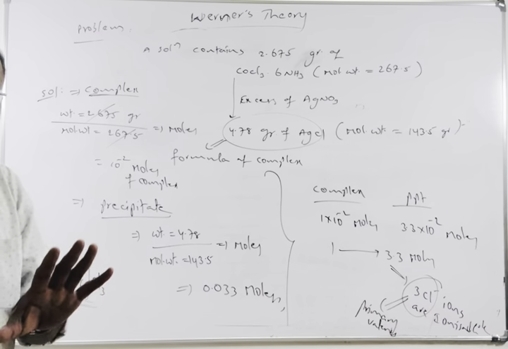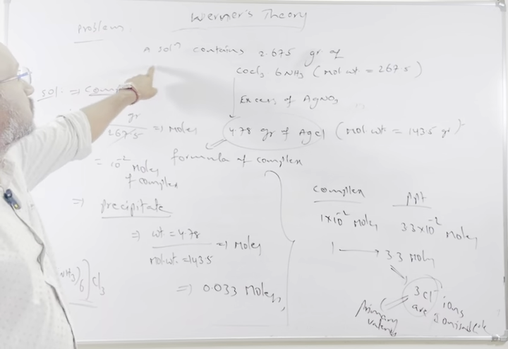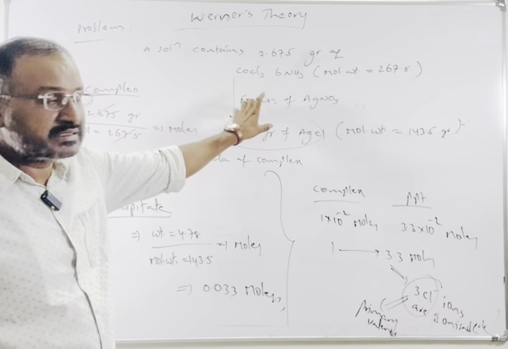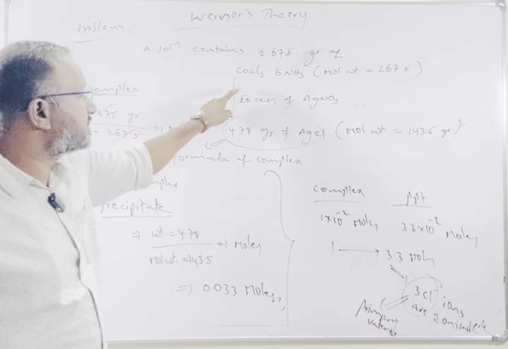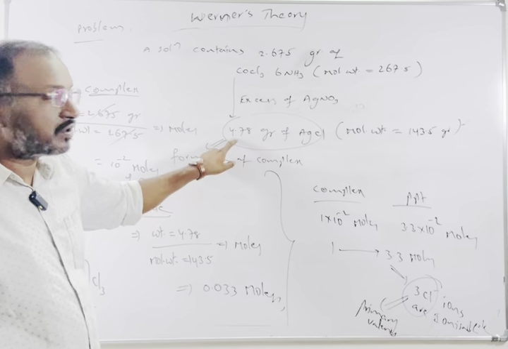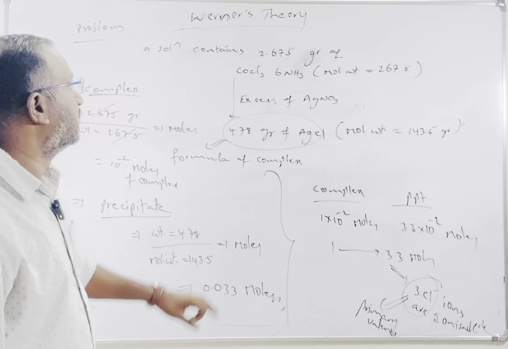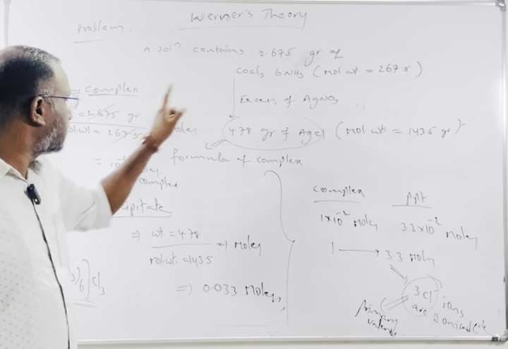Once again, briefly: a solution containing 2.675 grams of the complex, when treated with excess AgNO3, gives this much precipitate, whose molecular weight is 143.5. So I converted this weight into moles.